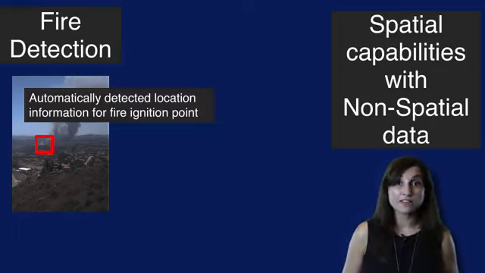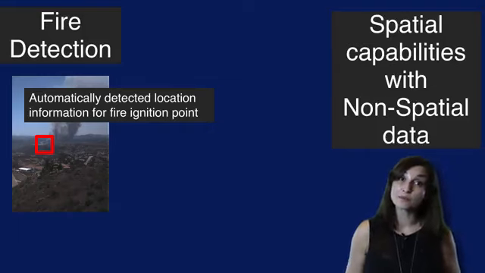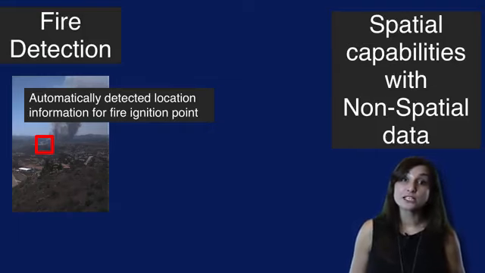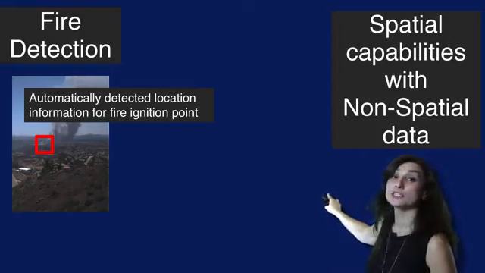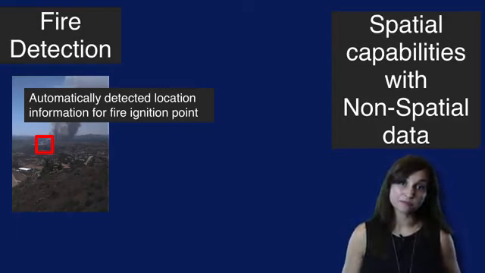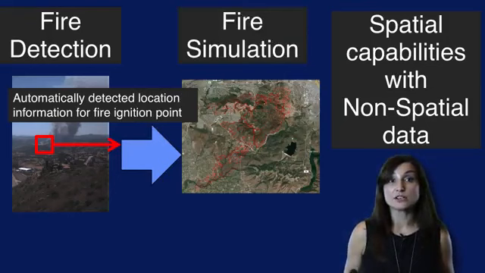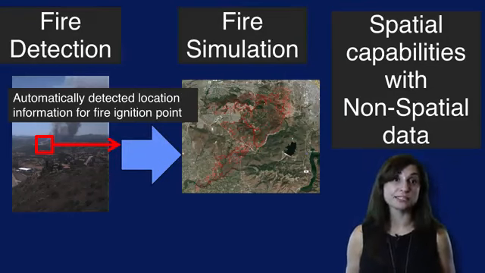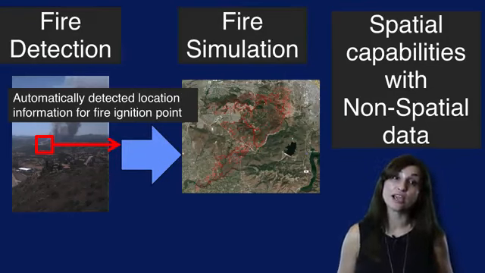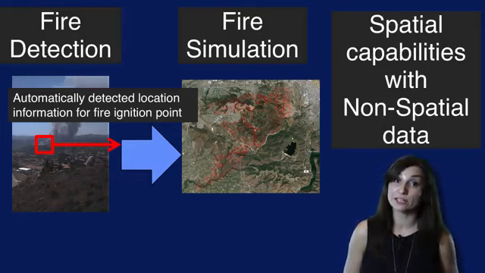Now, when a fire is detected from a mountaintop camera, viewsheds are used to estimate the location of the fire. This location information can be fed into the fire simulator as early as it's detected to predict the size and location of the fire in the next hour more accurately and faster.